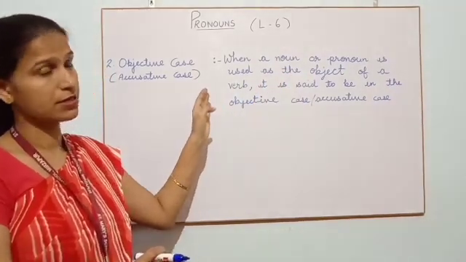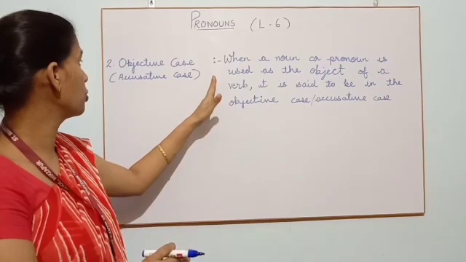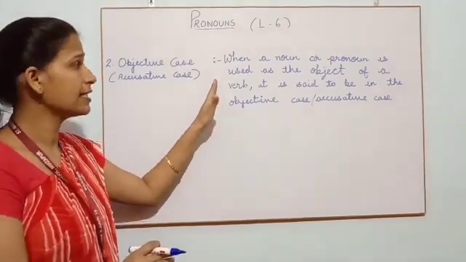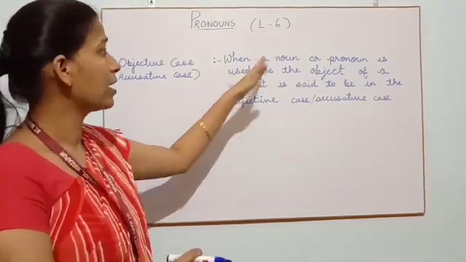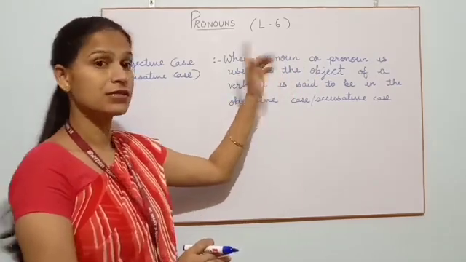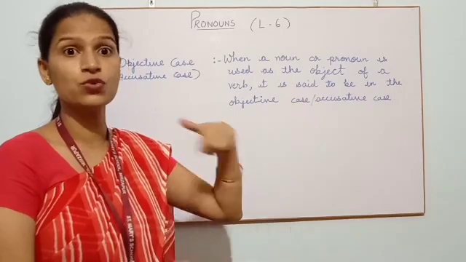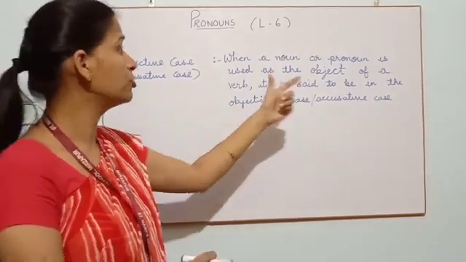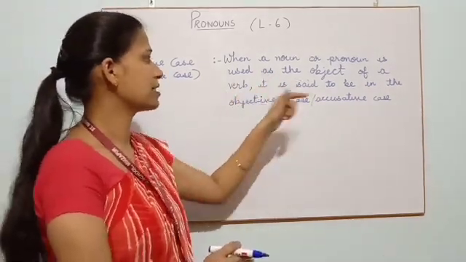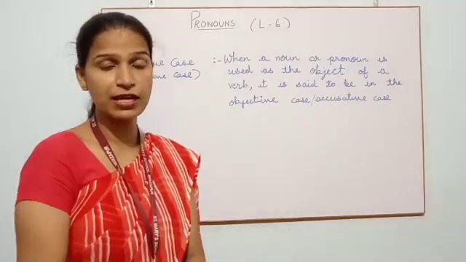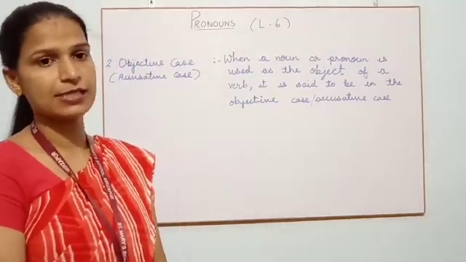In the previous definition, whatever I have taught you in the subjective case, it says when a noun or a pronoun is used as the subject. But here it says when a noun or a pronoun is used as the object of a verb, it is said to be in the objective case or accusative case.